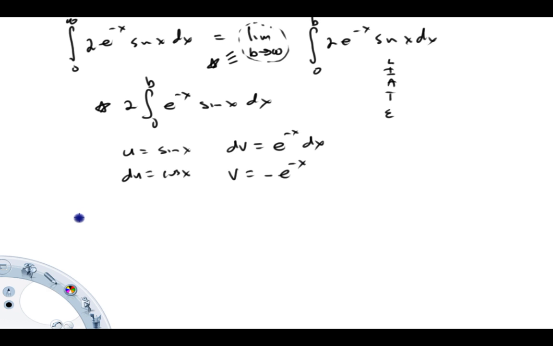So now what we're going to have is the limit as b goes to infinity. That's what that star operator means. 2 times, all right, this integral is going to equal this product, minus e to the minus x sine x, evaluated from 0 to b, minus the integral of this product.